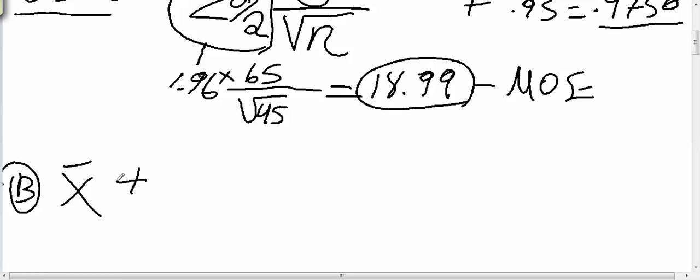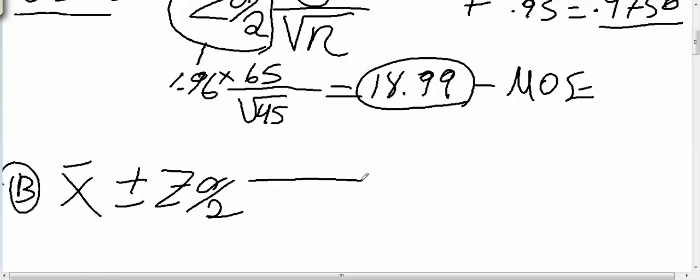Sample mean plus and minus the z value of alpha divided by 2 times standard deviation divided by the square root of the sample size.